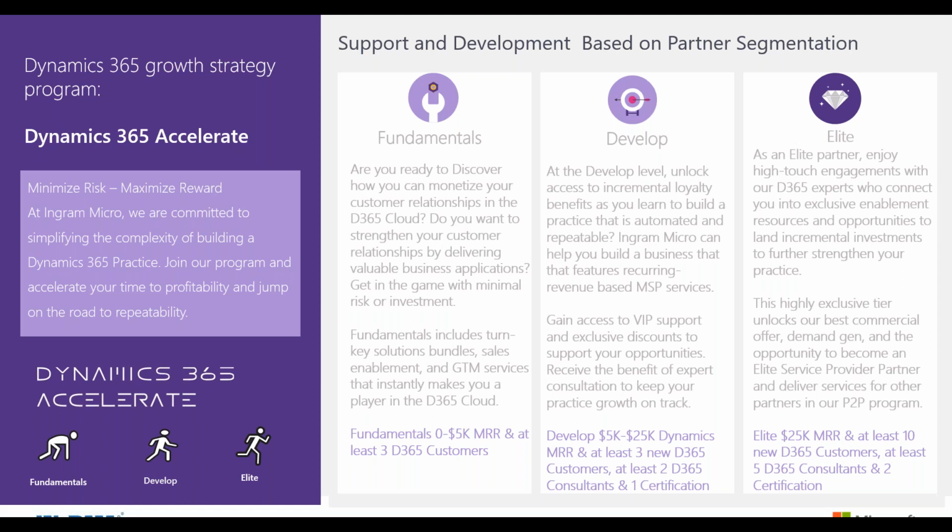Under Fundamentals, you get turnkey solution bundles, which I'll be talking about in a moment, and sales enablement, where you will be provided important sales leads, collaterals, marketing and webinar content, and go-to-market services, which I'll be talking about in a moment. So that is Fundamentals.